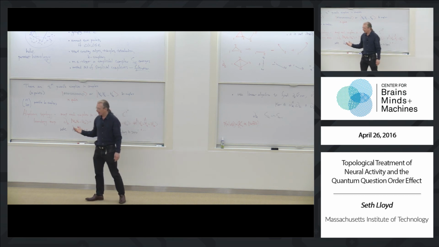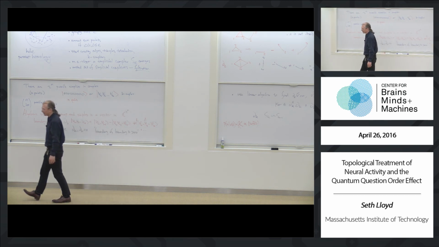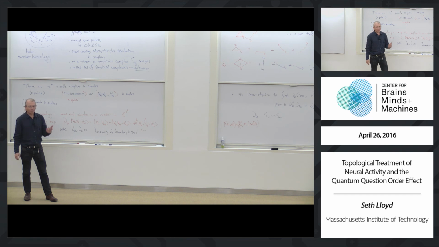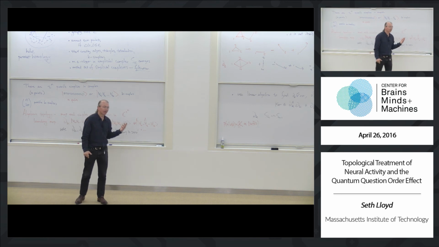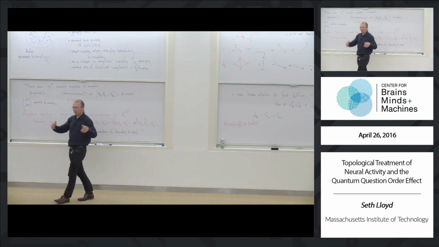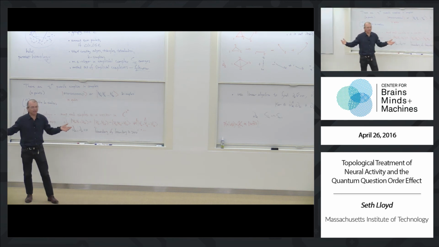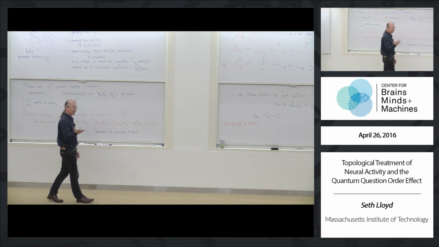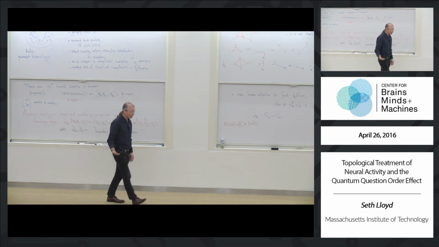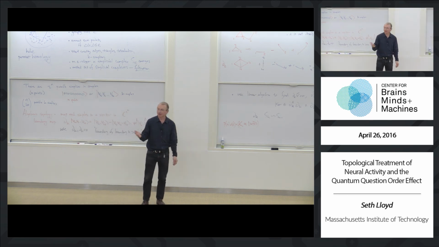I argued that maybe we can understand this quantum question effect by looking at algebraic topology, at topological analysis of the brain. Why? The quantum question order effect seems to suggest some weird vectorial, linear algebraic process going on inside the brain. I have no idea if it's correct, but the data does suggest that. Where could this funny linear algebra exist?